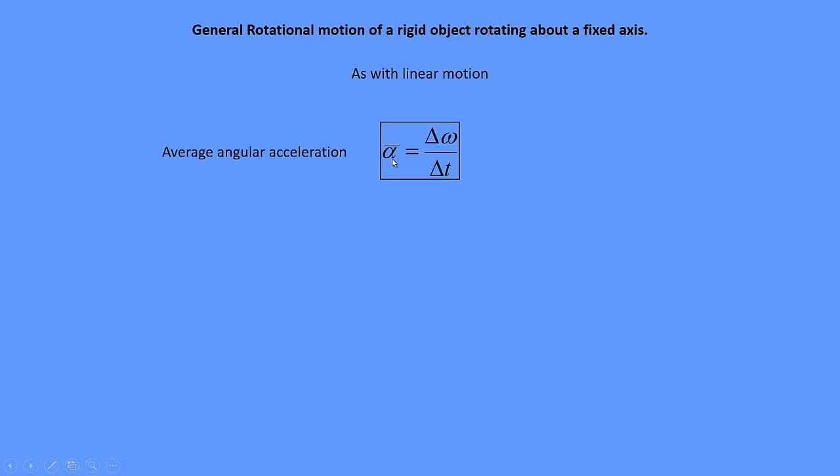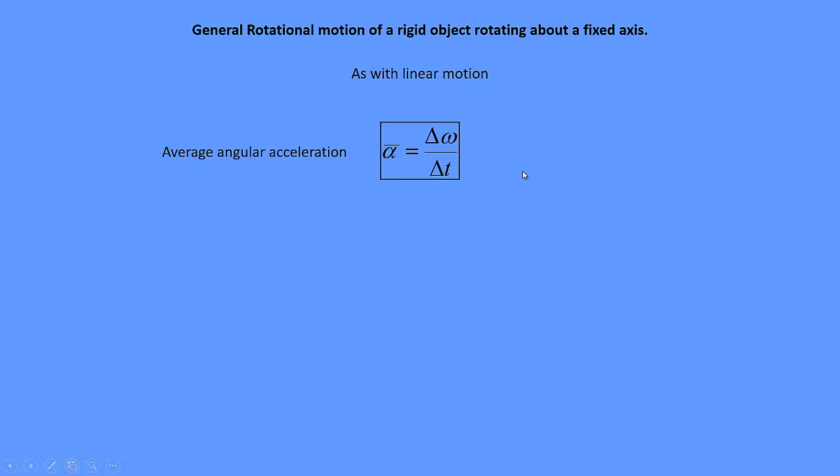Graphically, the average angular acceleration would be the slope of a line connecting any 2 points on the angular velocity time graph. This is a slope, a rate of change of angular velocity with respect to time. So if you take any 2 points on a graph of angular velocity versus time, the slope between those is the average acceleration. Note the line over this alpha.